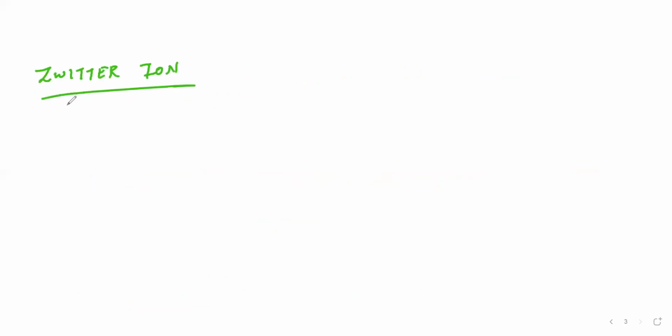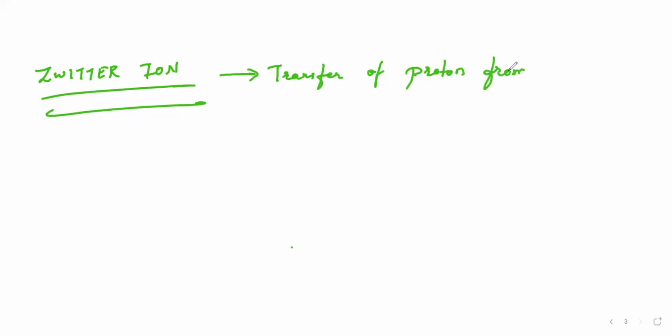This is a very important term. What is this zwitterion? A zwitterion is an ion wherein there is a transfer of proton from the carboxy group to the amino group.